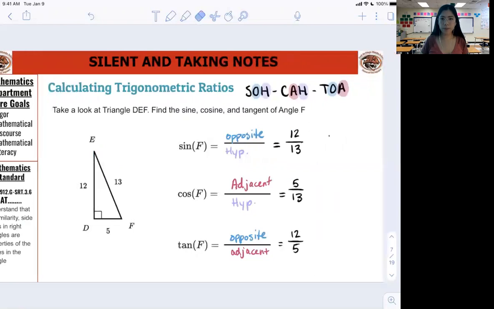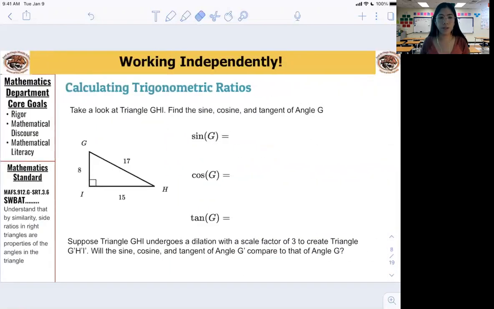Okay, let's do one more. I want you guys to try this on your own. So I'll copy down SOHCAHTOA just to keep it there for you guys. And go ahead and try this on your own.